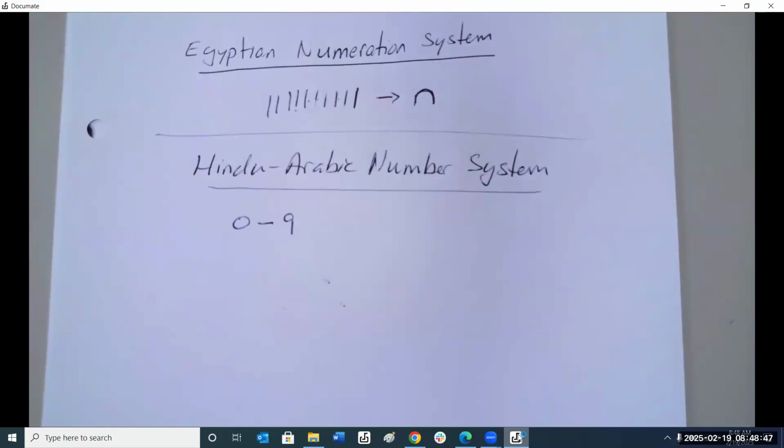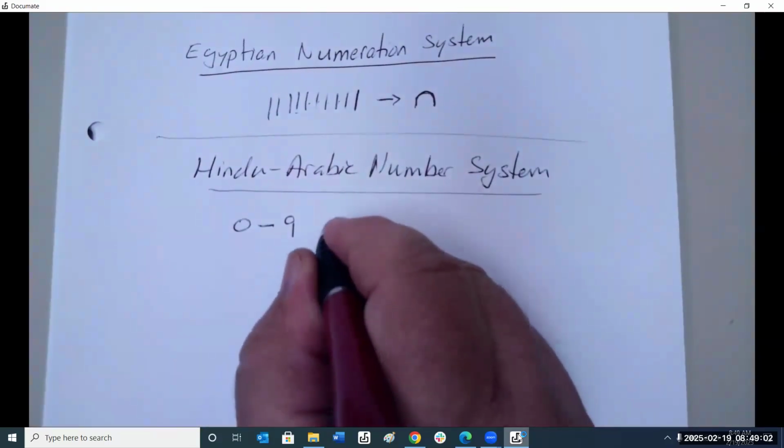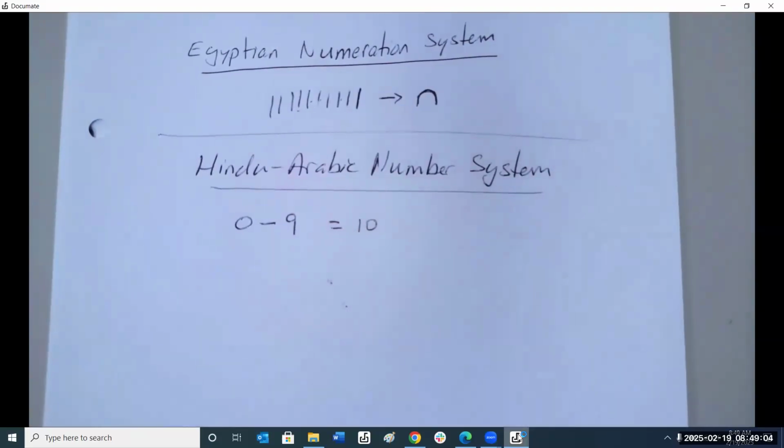Why did they use numbers for 0 through 9? How many numbers are there between 0 and 9? Zero. 0, 1, 2, 3, 4, 5, 6, 7, 8, 9.